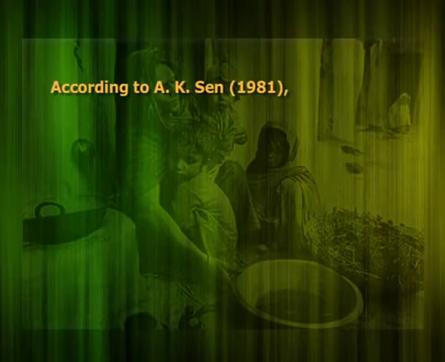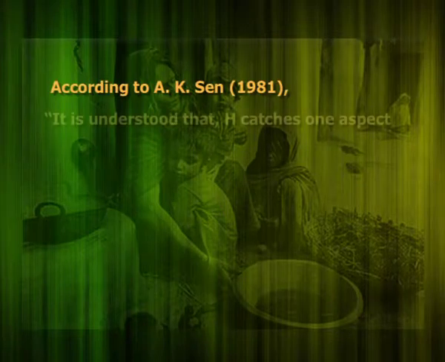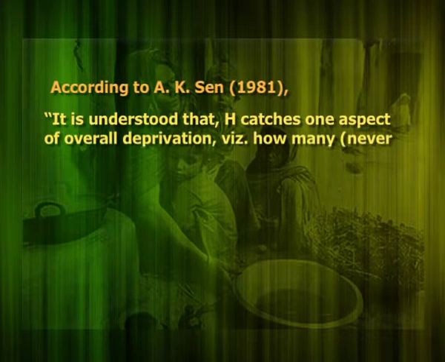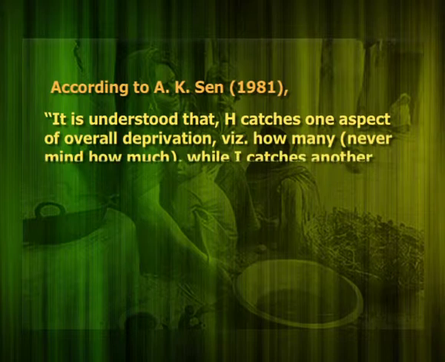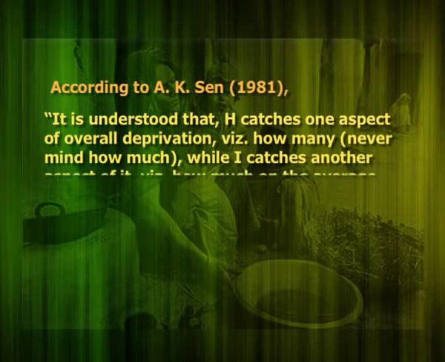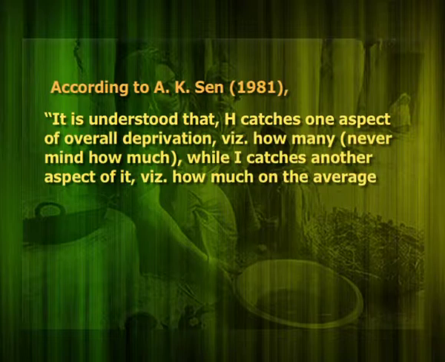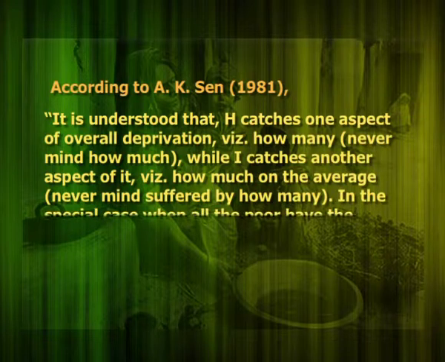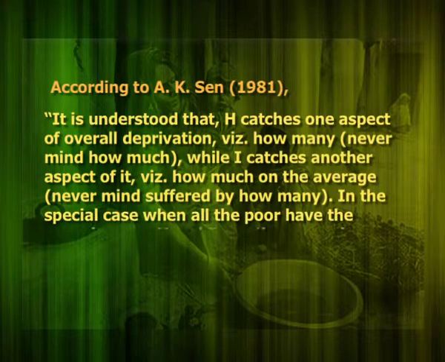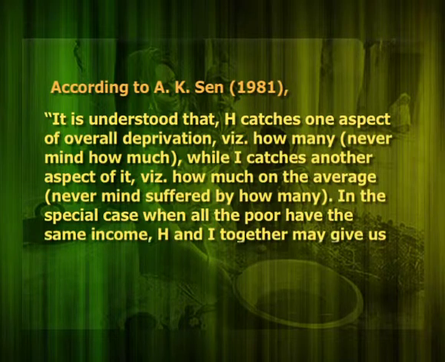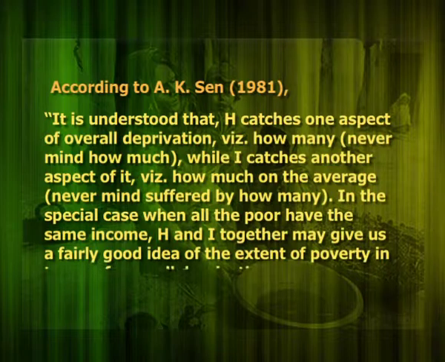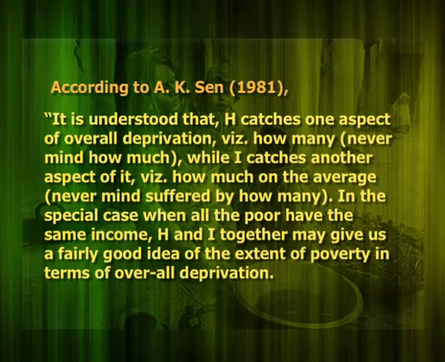Sen's normalized deprivation axiom. In the words of Sen, stated in 1981, H catches one aspect of overall deprivation, that is how many, never mind how much, while I catches another aspect of it, that is how much on the average, never mind suffered by how many. In the special case where all the poor have the same income, H and I together may give us a fairly good idea of the extent of poverty in terms of overall deprivation.